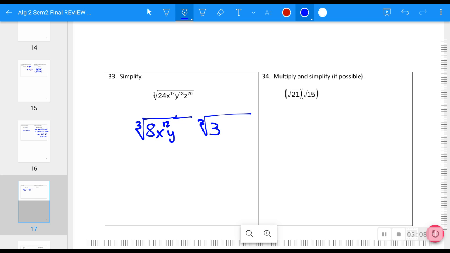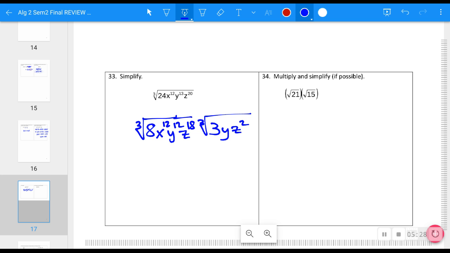So you bump it down to 12 and put an extra y in the back. There's your 13. 20 doesn't divide by 3. Neither does 19, but if you drop all the way down to 18, hang on, this is supposed to be z. 18, that'll work, and you need your extra 2 z's in the back there.